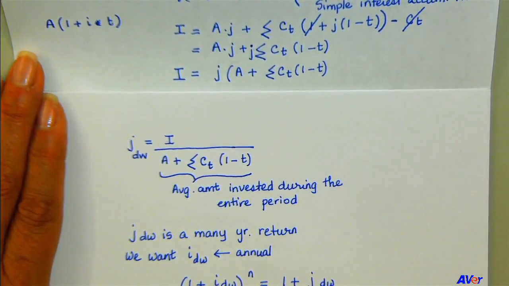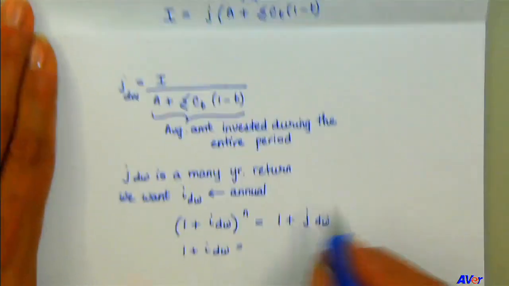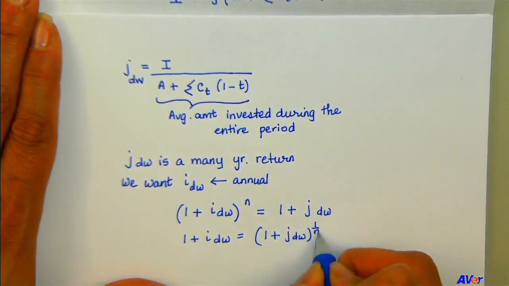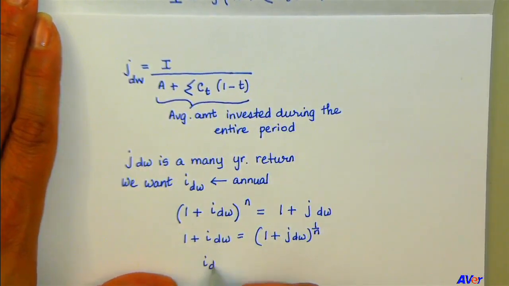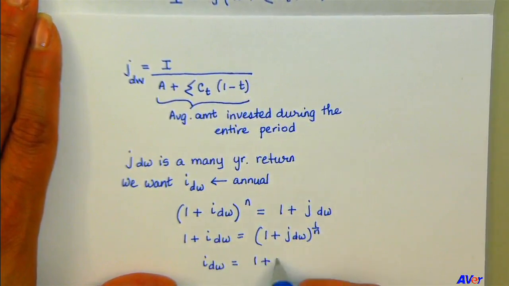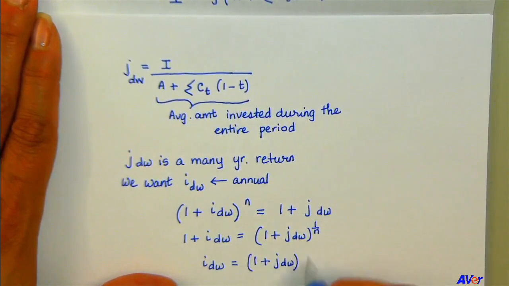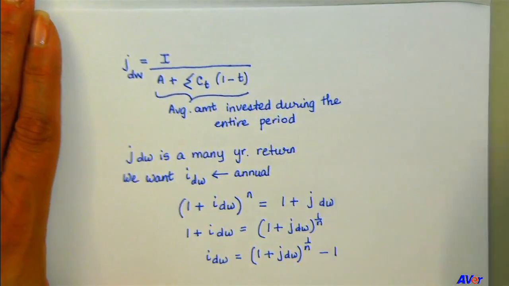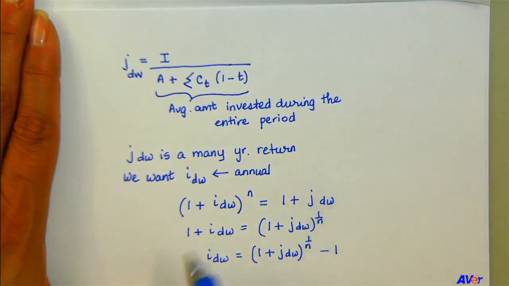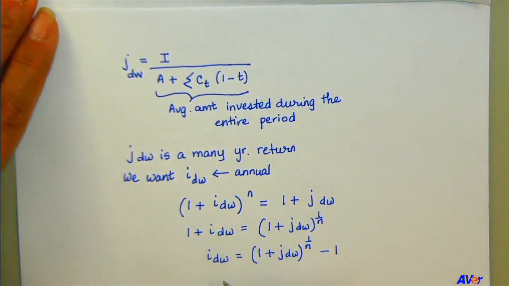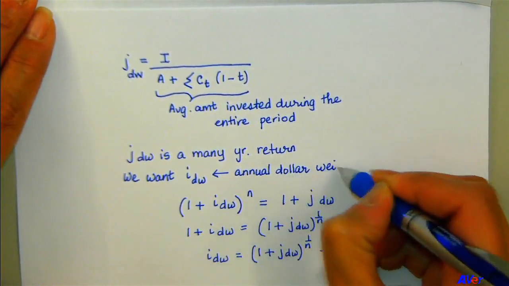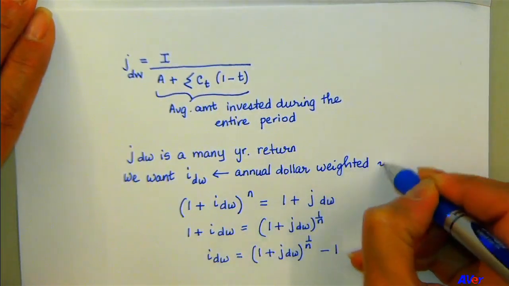Therefore, 1 plus I dollar weighted is equal to 1 plus J dollar weighted to the 1 over N power, and I dollar weighted is equal to 1 plus J dollar weighted to the 1 over N power minus 1. Where I is the annual dollar weighted yield.